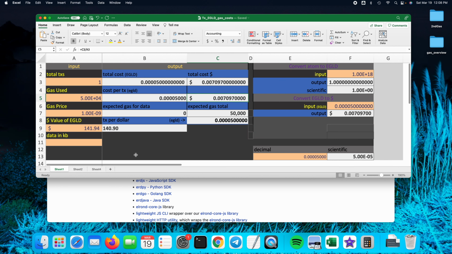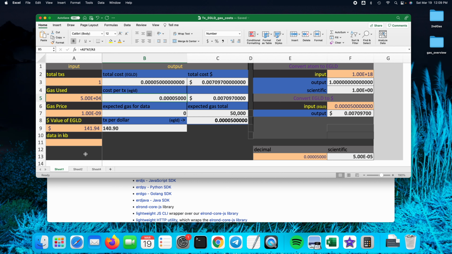One of the tools I have to help me analyze this is the spreadsheet where I put in my total transactions, my gas used, the gas price, the price of EGLD. So if you were to make individual transaction calls, you could do that at a rate of 140 transactions per dollar. That's at the current price of EGLD, but your per transaction cost will always be this in EGLD.